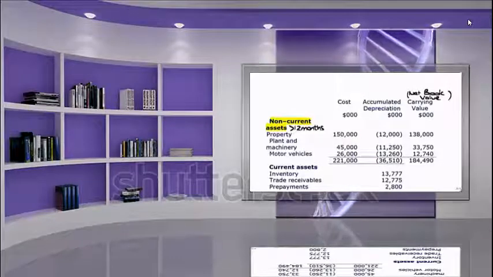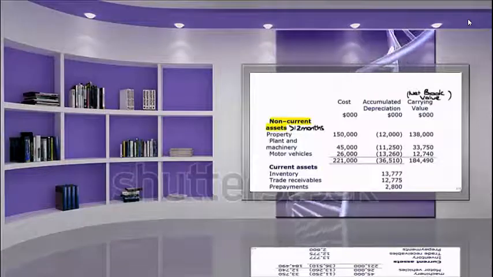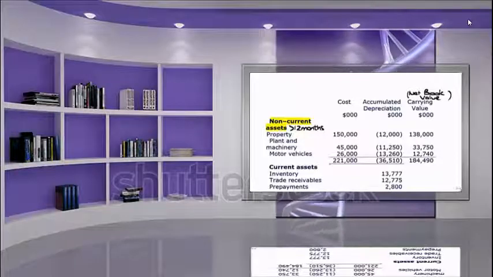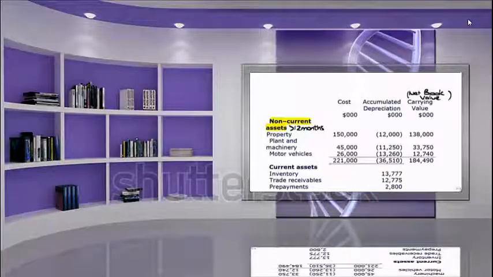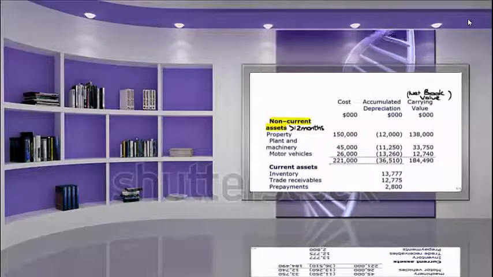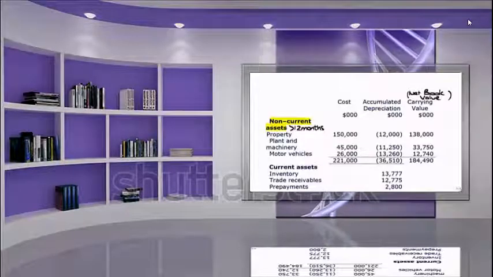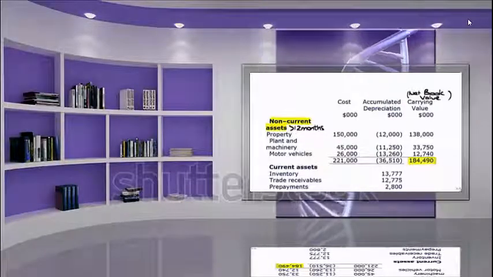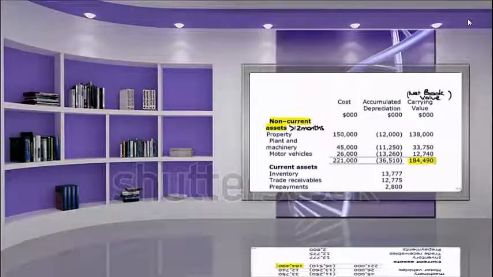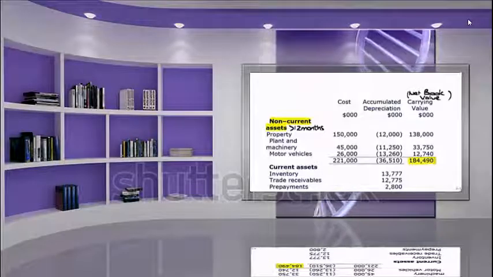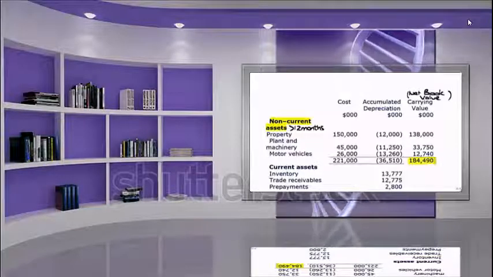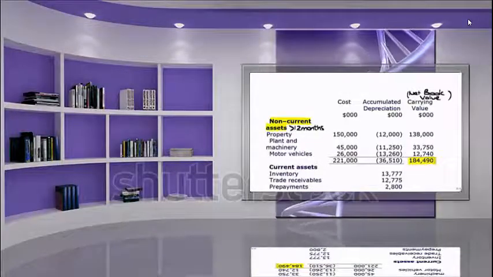At that point then you can see that we've totaled off and closed the cost and accumulated depreciation columns for all those assets. We've also totaled down the carrying value column, but notice I've left that value 184,490 not underlined. We've left it open. And that's because we're going to have some other assets that we're going to add to that value, the sum of our non-current assets.